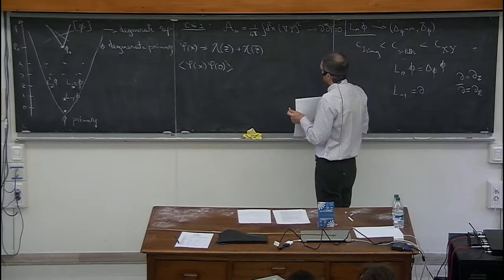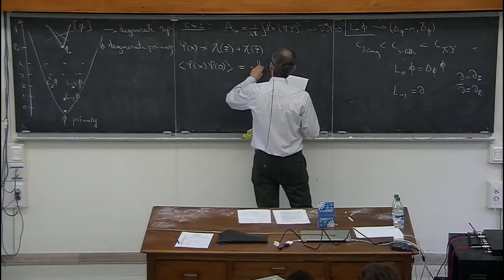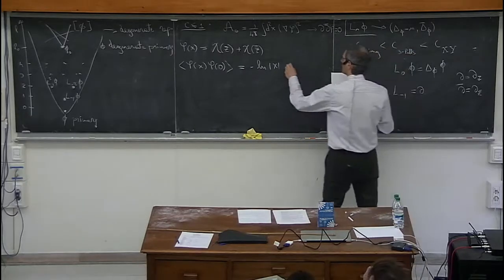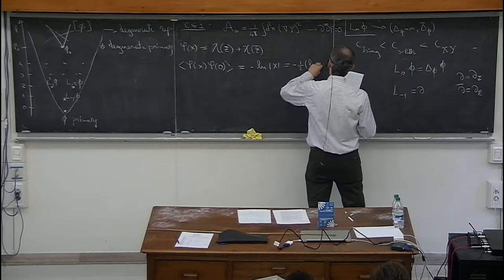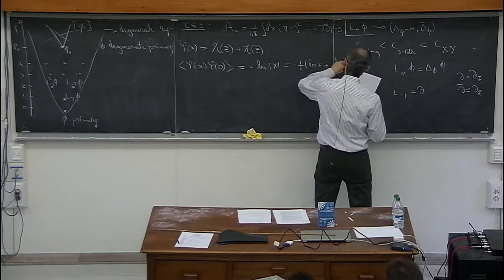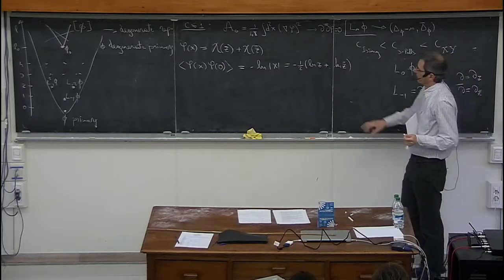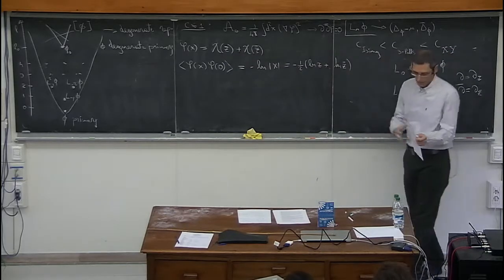Due to this dimension 0, this will actually have a logarithmic correlation, which in my normalization takes this form and can be written also as -1/2 log z plus log z bar. And so this is the contribution of chi, and this is the contribution of chi bar.